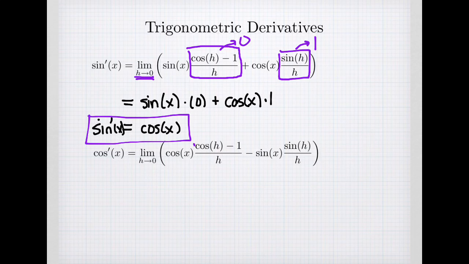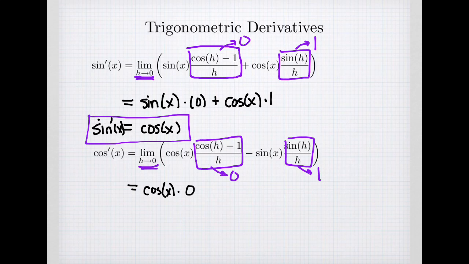The same idea. The cosine of h minus 1 over h as h goes to 0 is 0. The sine of h over h as h goes to 0 is 1. So the cosine's derivative is cosine of x times 0 minus the sine of x times 1.